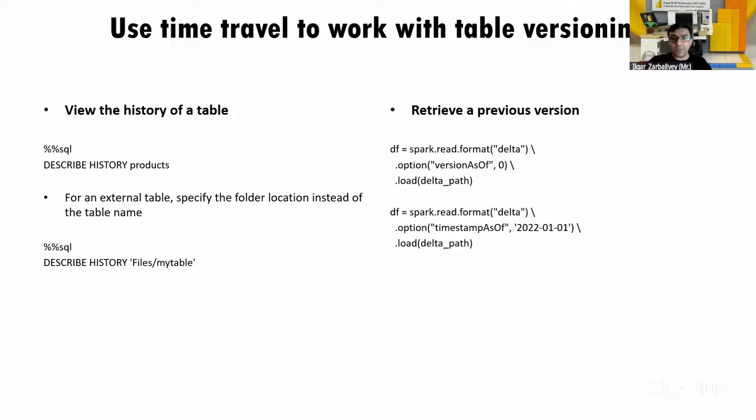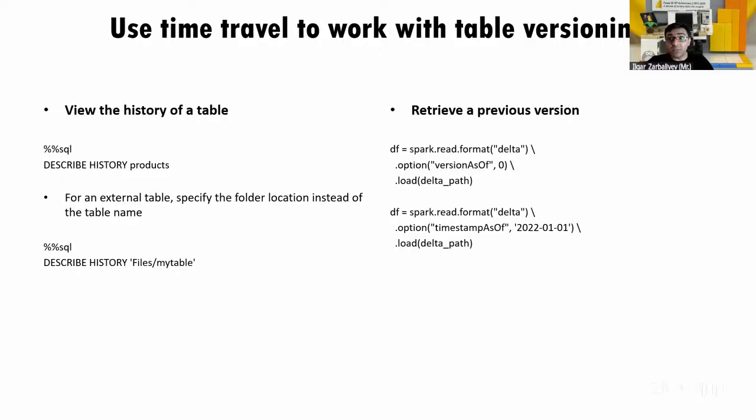To see the history of a table, use the describe history SQL command as shown here. The results show the transactions that have been applied to the table, the operation, the timestamp, the version number, and more.